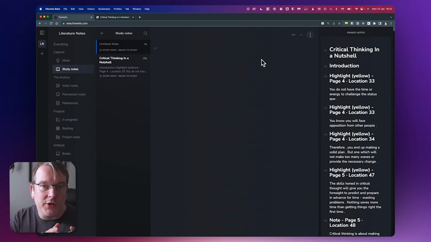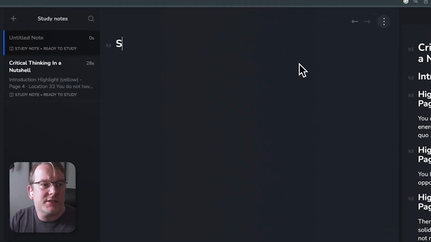And then you end up arguing about something completely different and sort of deviating away from the thing that you want to get to. So we'll create a note called the status quo and critical thinking.